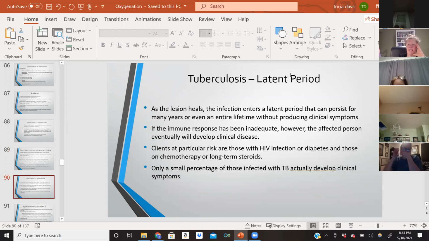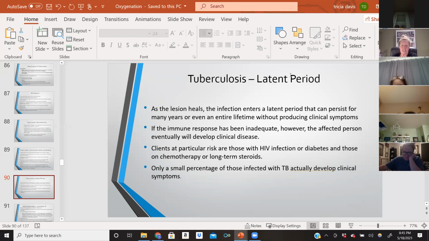So then we have the latent period. After the lesion heals, the infection then enters into that latent period. This can persist for weeks, years, even an entire lifetime without ever again producing any clinical symptoms. If the immune response has been adequate, the affected person will remain well.